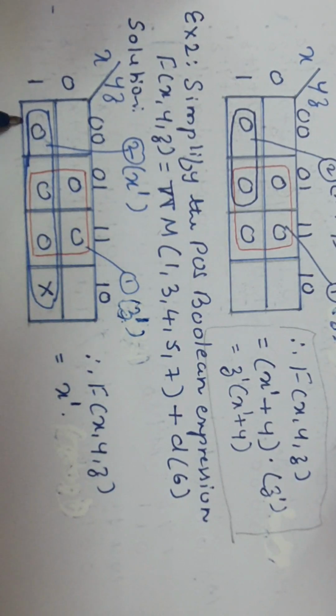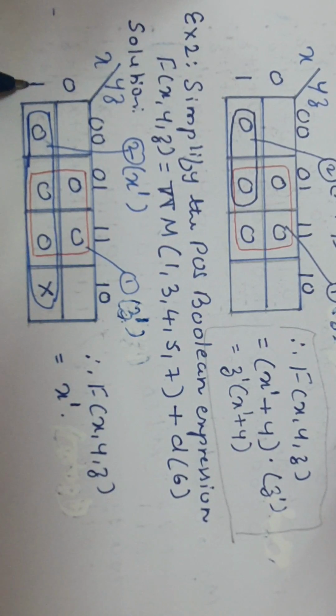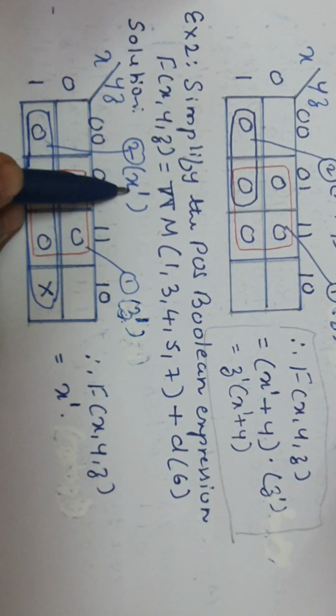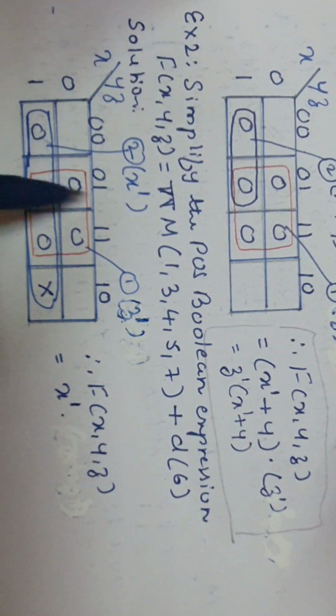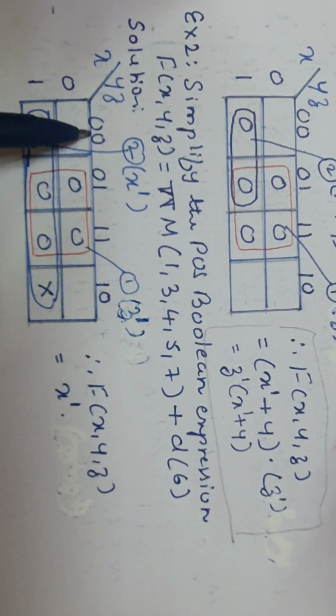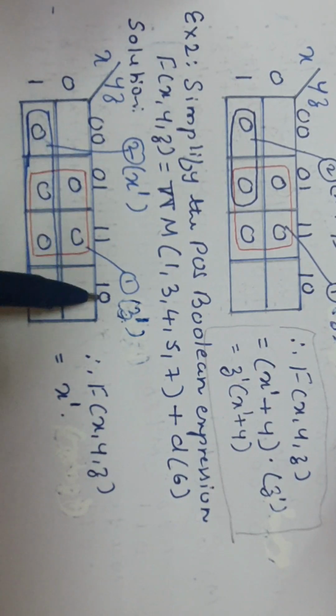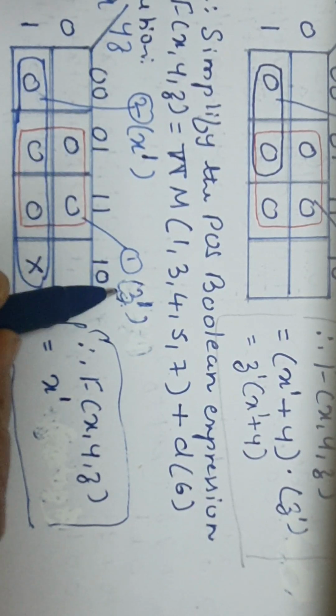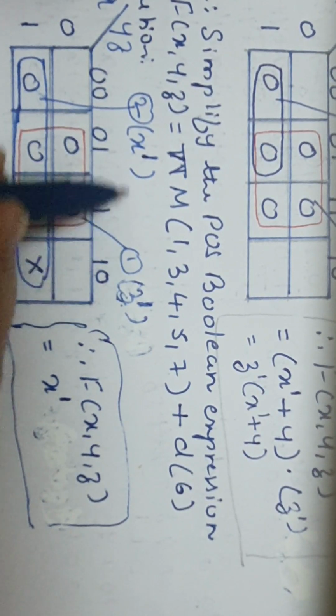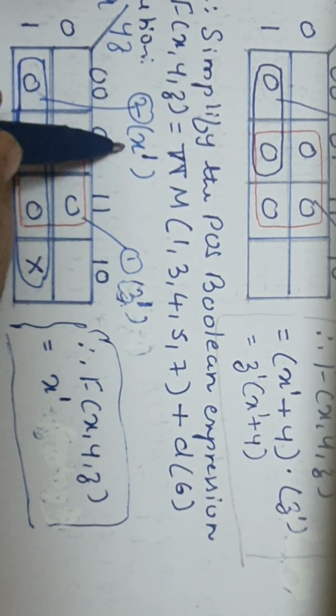Next in the second group, 4 members all come in the same row. X is 1, hence X dash. Then they are covered in all 4 columns. So column wise 0 0, 0 1, 1 1, 1 0, nothing is common, just leave that. So these two form the final solution, this one and this one. So what is here?